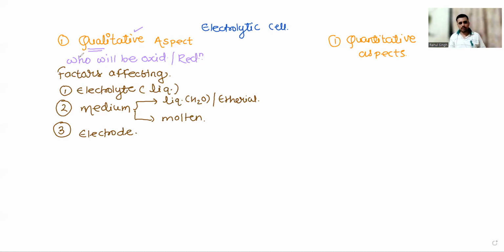In the qualitative aspect, we study who will oxidize or reduce, and there are certain factors that affect this. The first is the electrolyte, then the medium, where water or ether can be present and molten is also possible, and the electrode, which is very important.